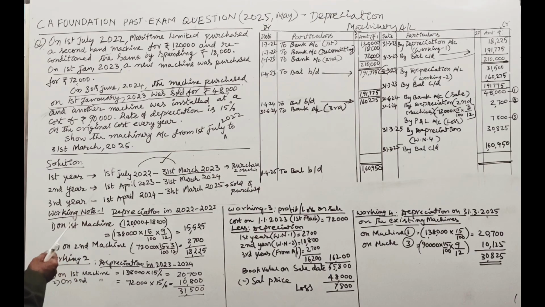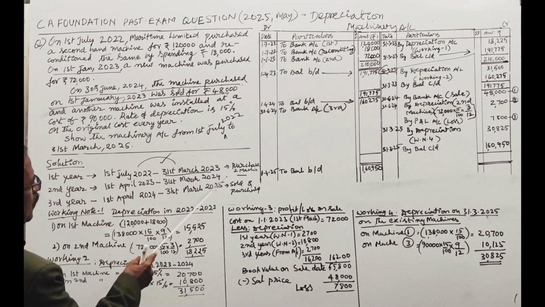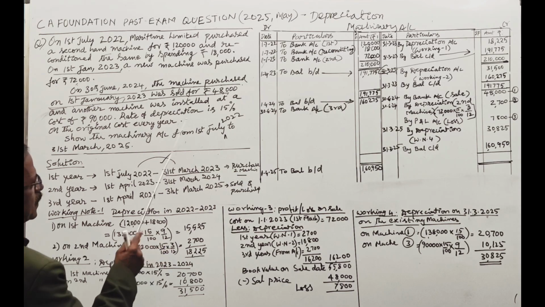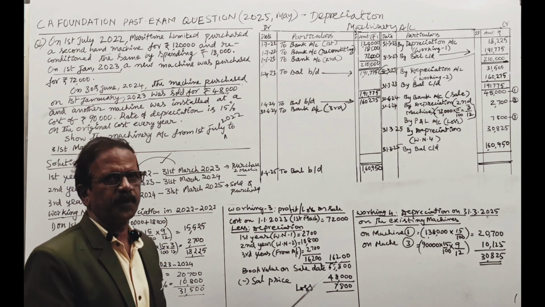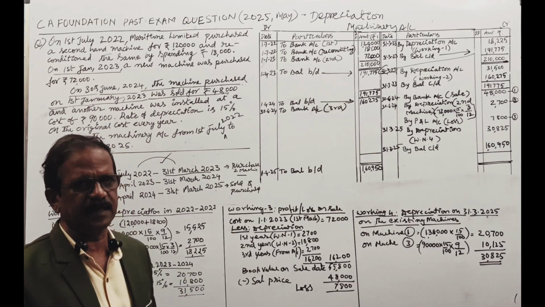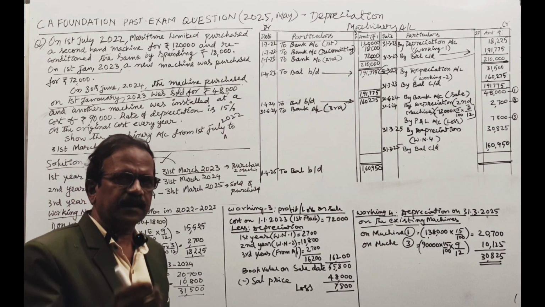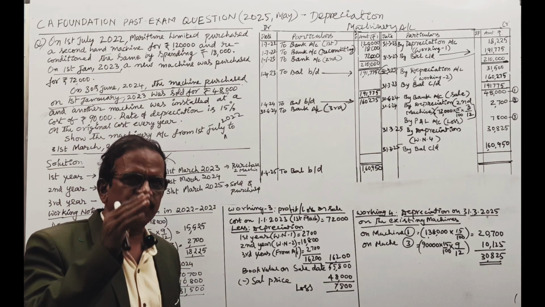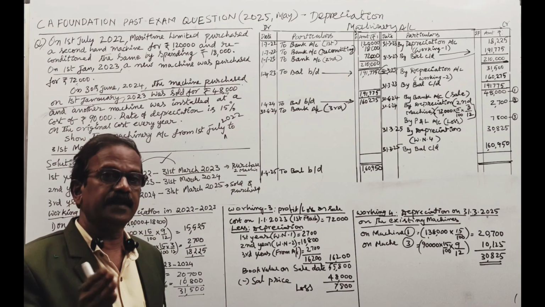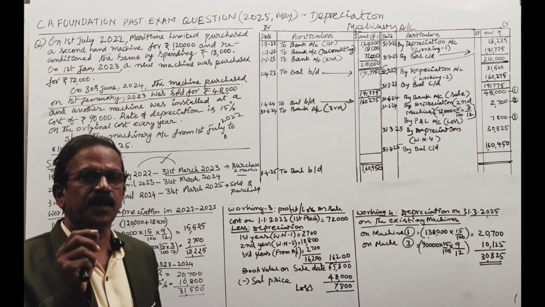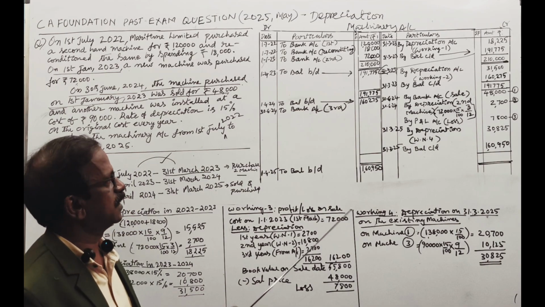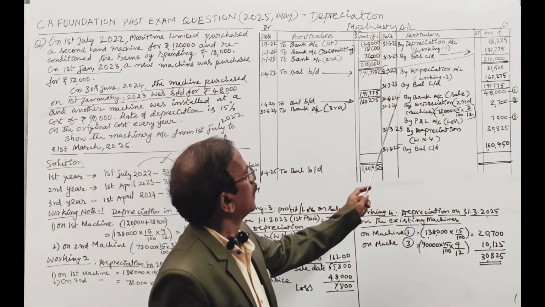We have read and understood that there are no purchases or sales. That's why I have put a dash here. Since there are no purchases or sales, directly you have to go to the end of the year, and at the end of the year you have to calculate the depreciation and put it on the credit side.